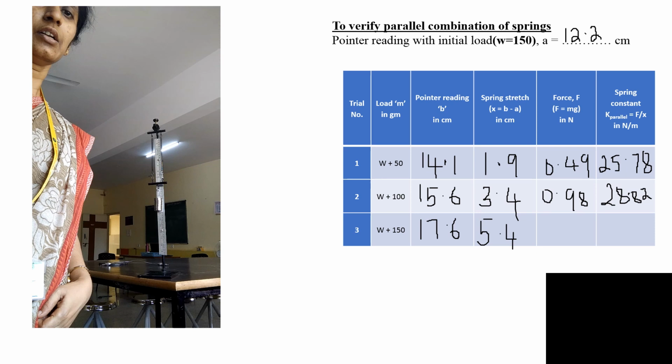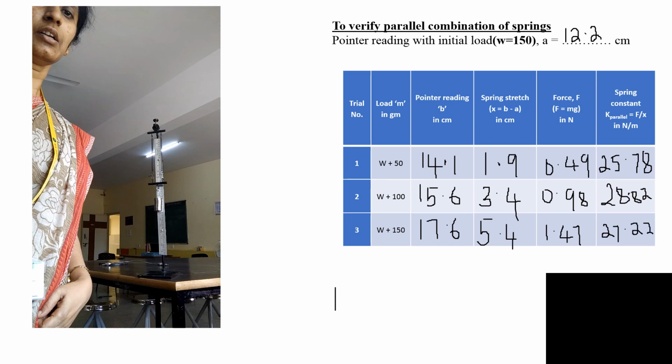The force is 1.47. 1.47 divided by 5.4 is 27.2.